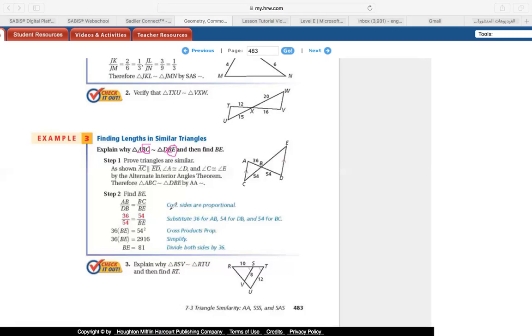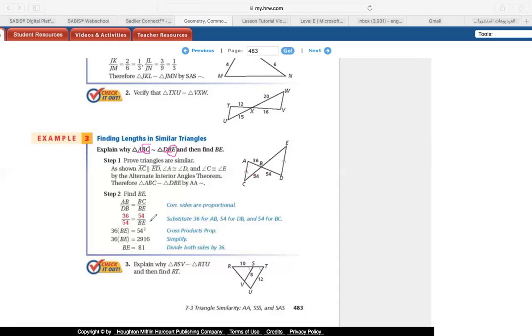Okay, I want to know the measure of BE. Now, do I know AB? AB, yes, is 36. DB is 54. And BC is 54. BE, I don't.